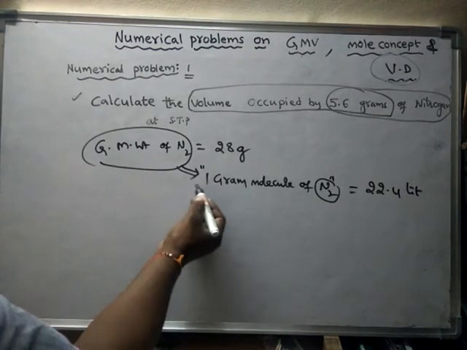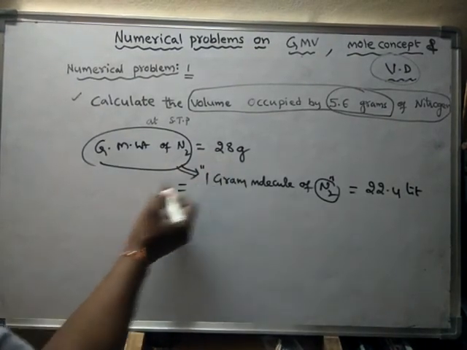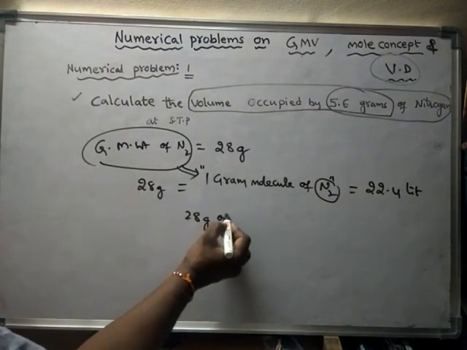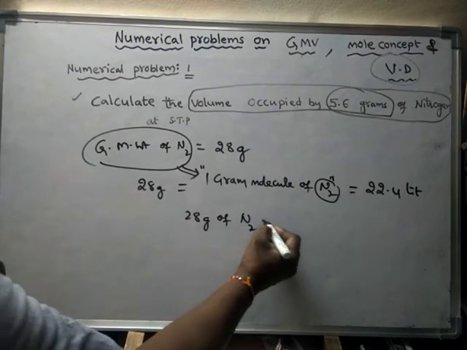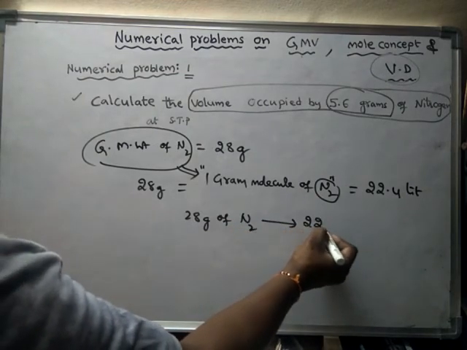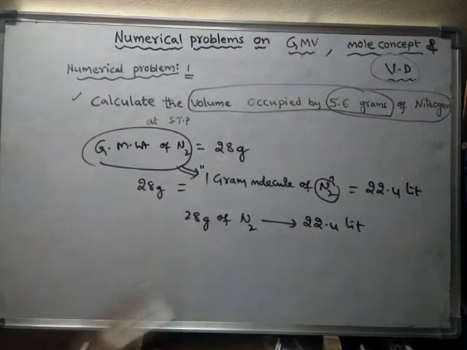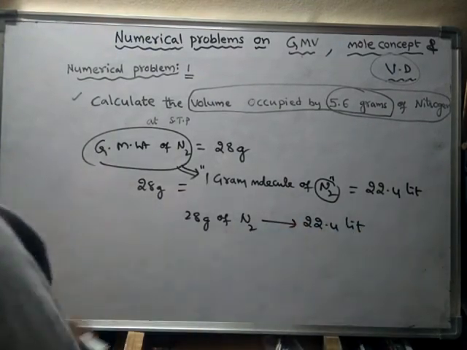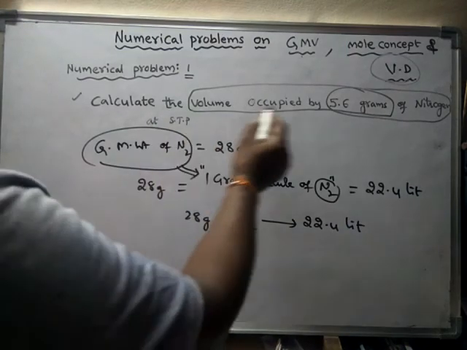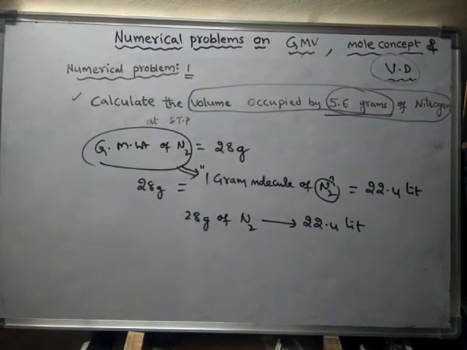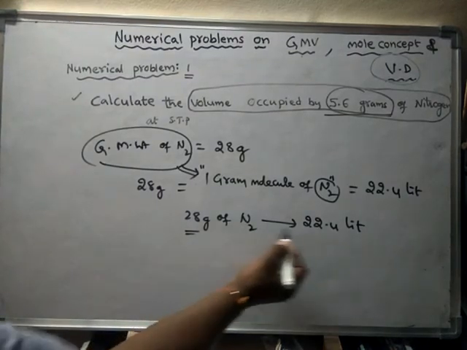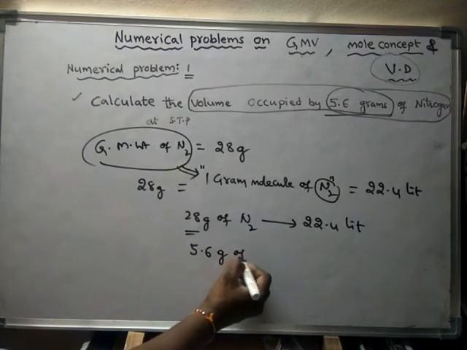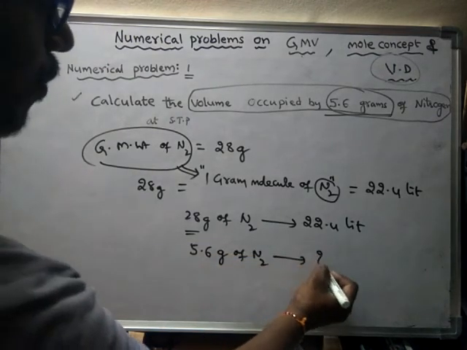So 28 grams of nitrogen occupies 22.4 liters of volume. If 28 grams of nitrogen occupies this much volume, then 5.6 grams of nitrogen occupies how much volume?